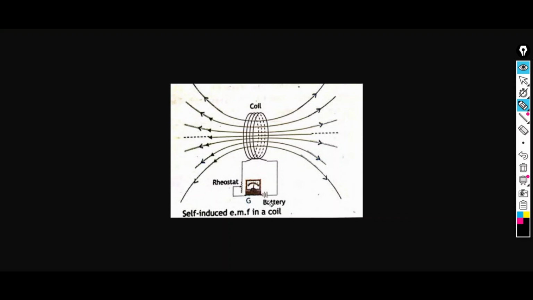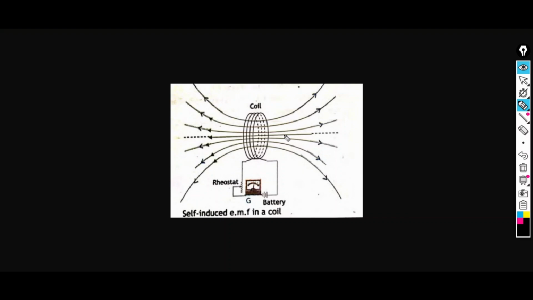Now, if we change the magnitude of the current which is provided to this coil while using this rheostat, that magnetic field which is produced from this coil will be changed. The magnitude of that magnetic field will be changed.